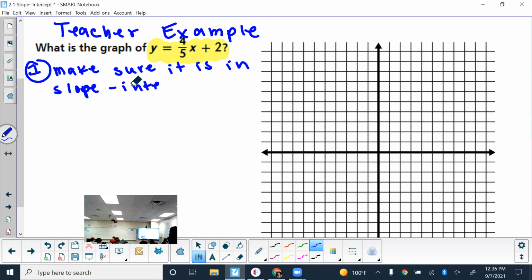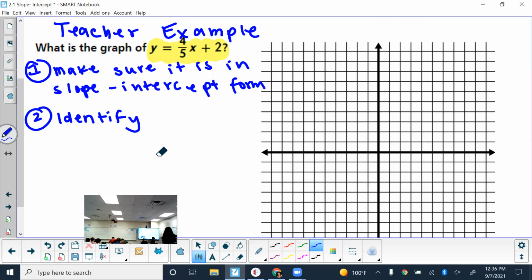Make sure it is in slope-intercept form. Writing these steps are part of your notes. So is this example in slope-intercept form? Does it look like y equals mx plus b? Yes, so that's easy then. We just move on to step 2. First, make sure it's in slope-intercept form. It is, so we can move on.